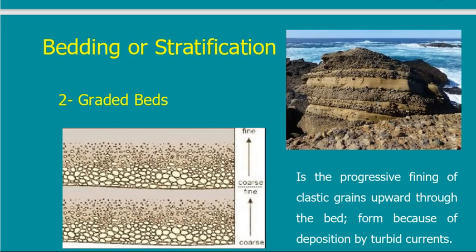And once it reaches the top, it changes again into another layer, another bed, where big particles are sedimented, followed by smaller, and so on. So this is a presentation of the shape. This is the bedding plane, and it starts with big size, then smaller till it is very fine, and then it repeats again. So this is called graded beds.